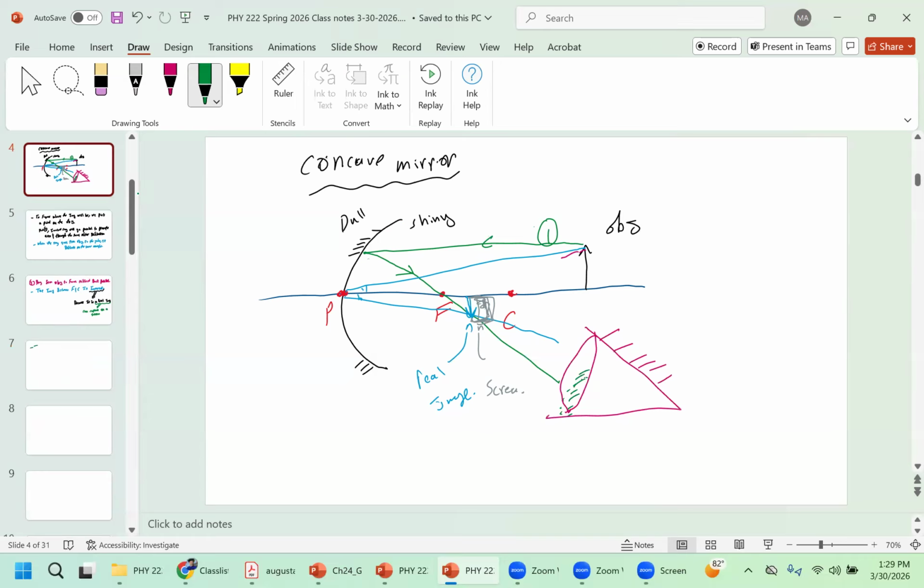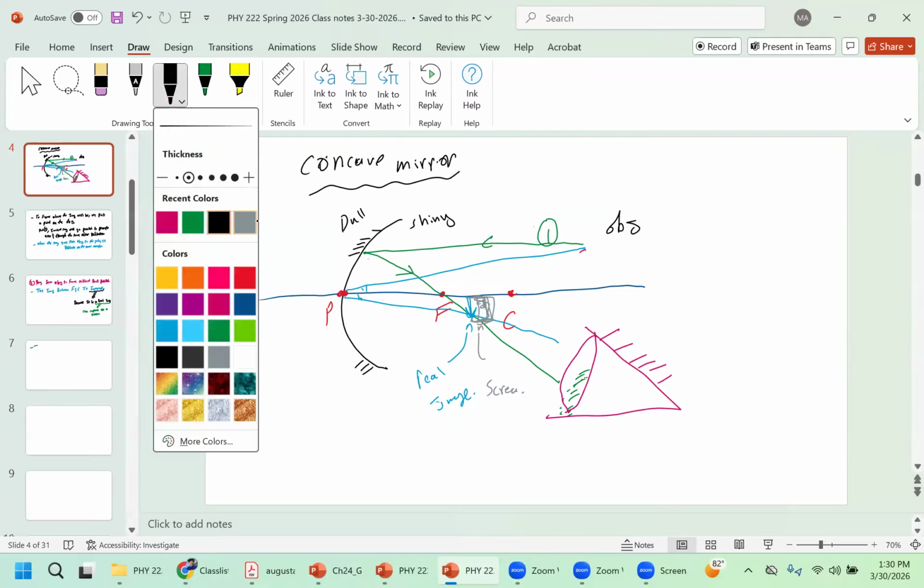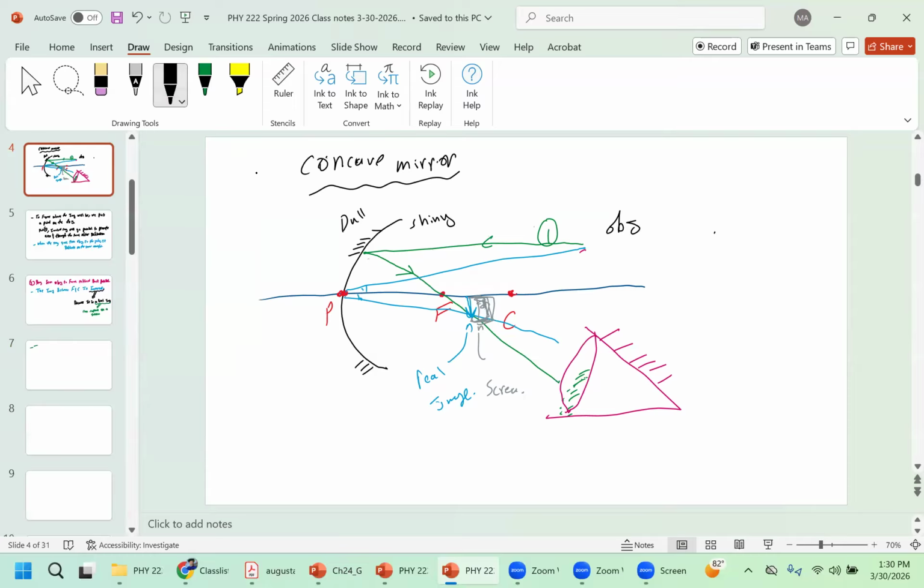Now, what happens if you move this object? Let's say you take this object and move it closer.